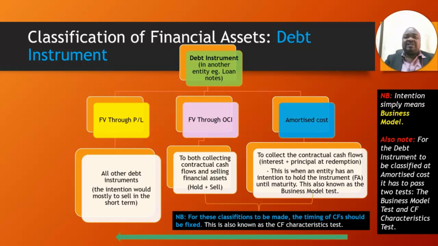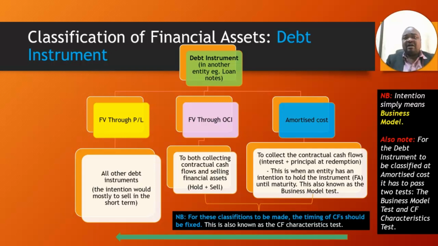Sometimes we might have a debt instrument in another entity. For example, we loan another entity. We lent them money. We gave out money on borrowing terms to another entity. So in that situation, we would have a financial asset.